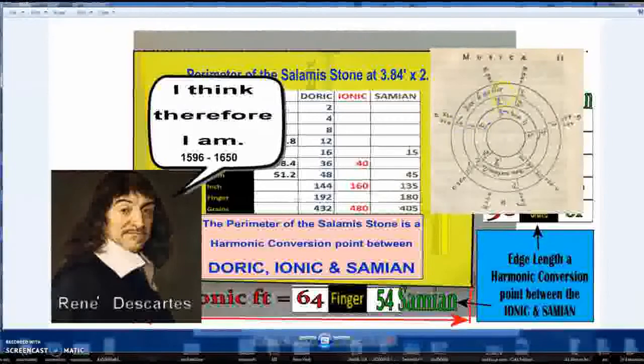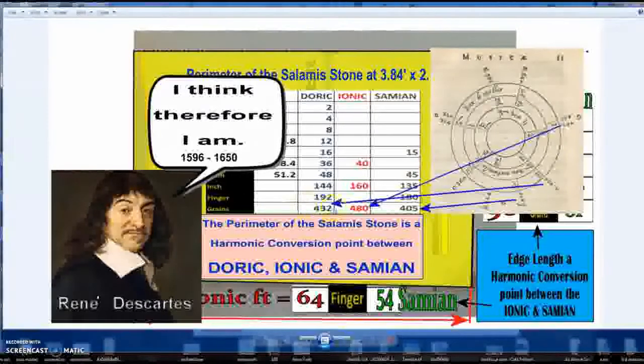For instance, one of his charts here: 288, 540, 486, 480, 432, 405, 384. Okay, what do we have? To begin with, we have this conversion rate here: Doric, Ionic, and Samian.